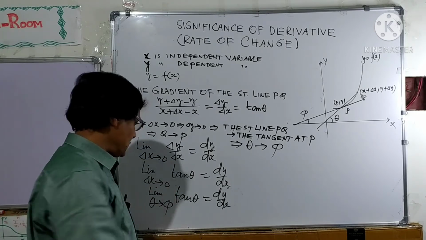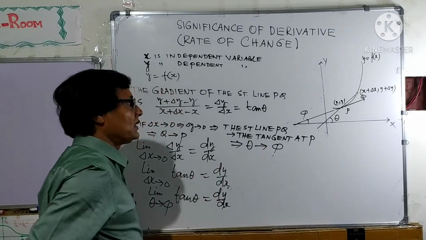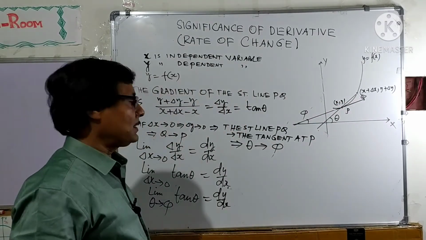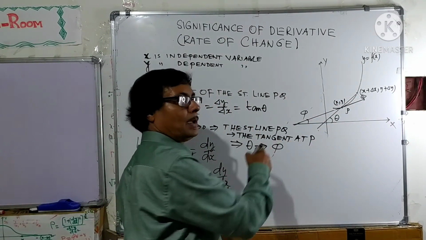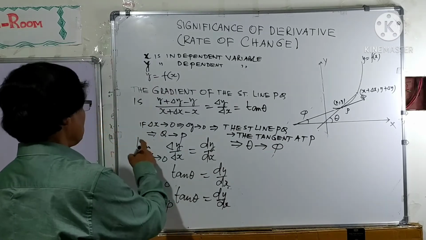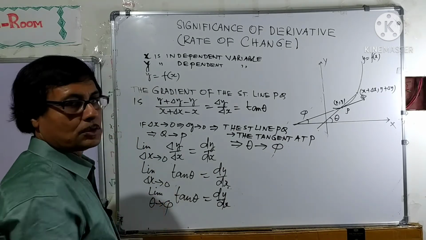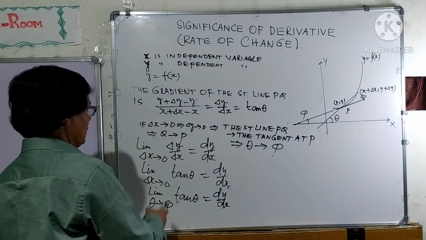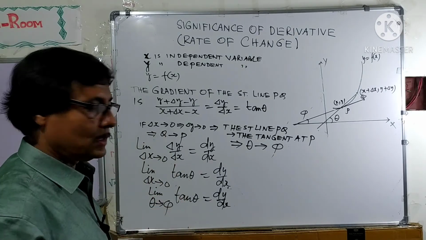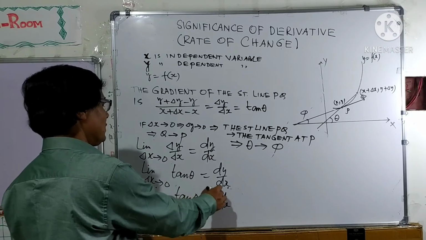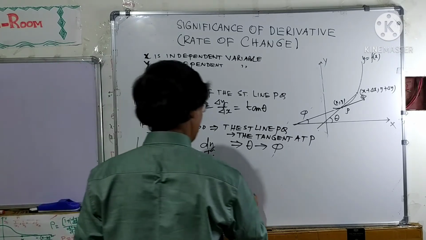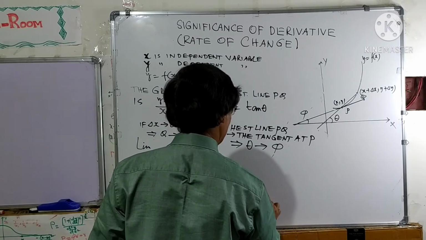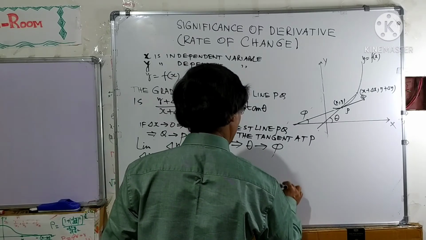That is, when del x tends to 0, theta approaches phi, meaning the line PQ is coincident with the tangent at P. So del x tends to 0 means theta approaches phi. So this limit can be reduced to the limit as theta tends to phi of tan theta, equal to dy dx, which implies dy dx equals tan phi.